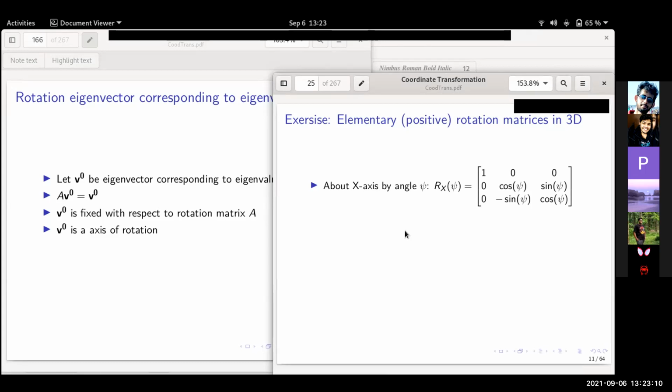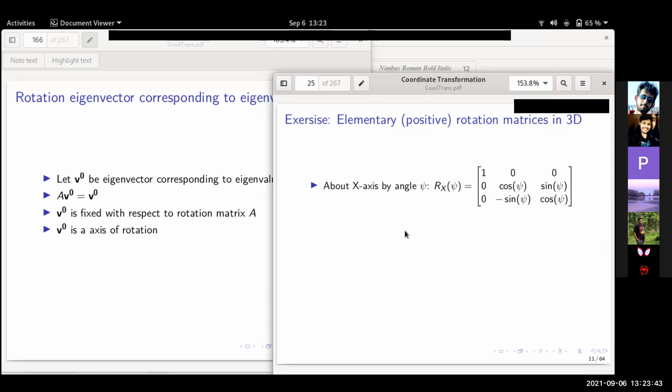Okay, no. So if you have a vector in the YZ plane, which is orthogonal to the X axis, and you rotate those vectors, they will not come out of the plane. So this is another abstract property of the rotation operation.